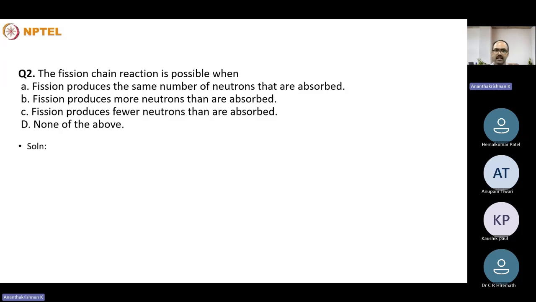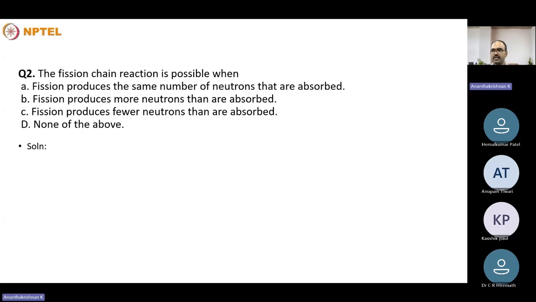Since these are electrically neutral, they require no high kinetic energy to overcome electric repulsion from positively charged nuclei.